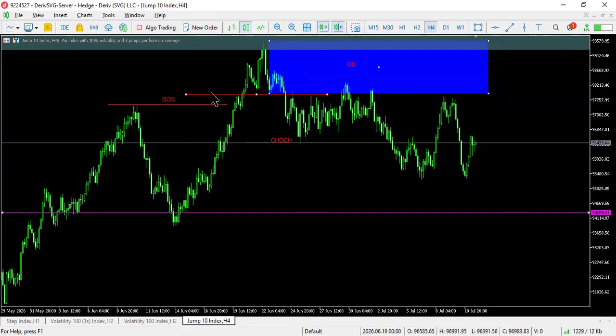So from the 4 hours, the change of character, if we are to adjust, it occurred at that level. The last break of structure is going to be now at that level right there.